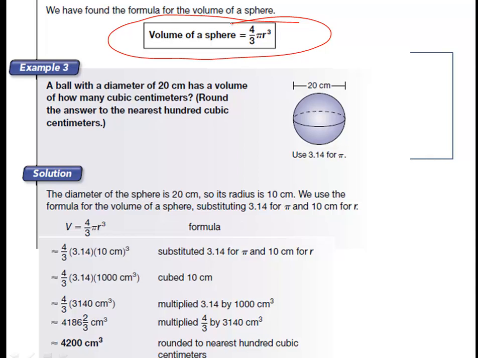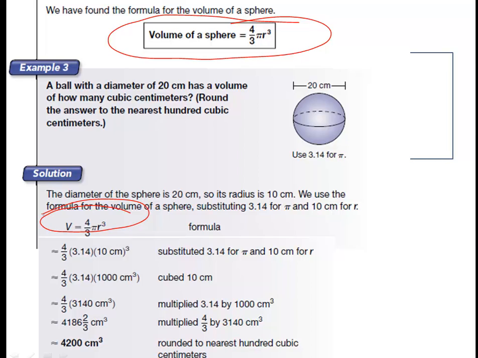When you calculate that, let's look at this one here. We have a ball that's 20 centimeters in diameter, and they want us to calculate the volume. We're going to use our formula right here and plug things in. We have 4/3 times pi times 10 cubed. Why do we know it's 10? Because that's the radius.